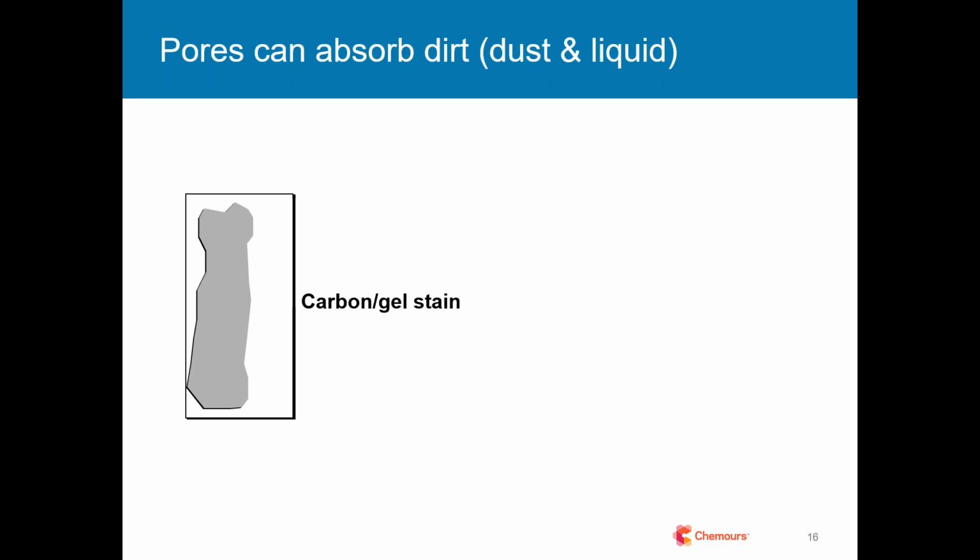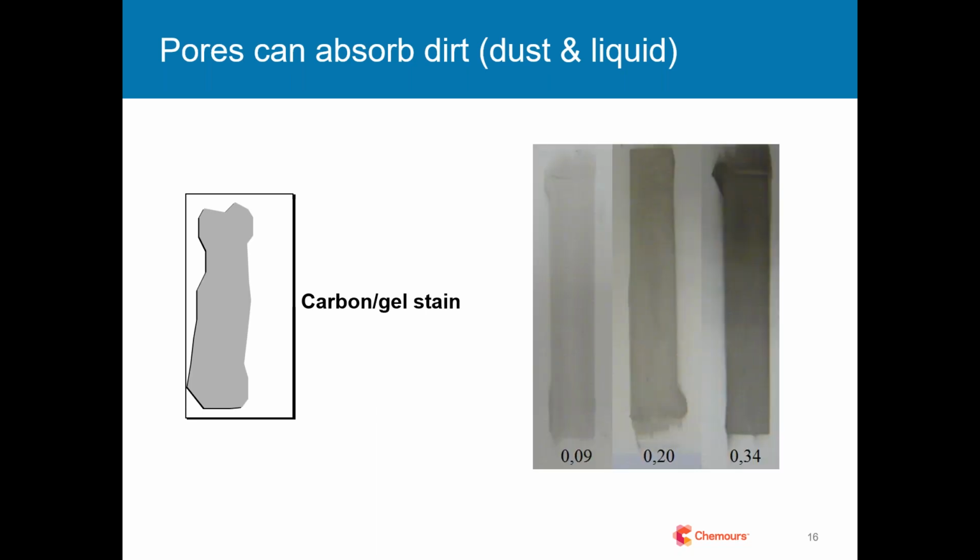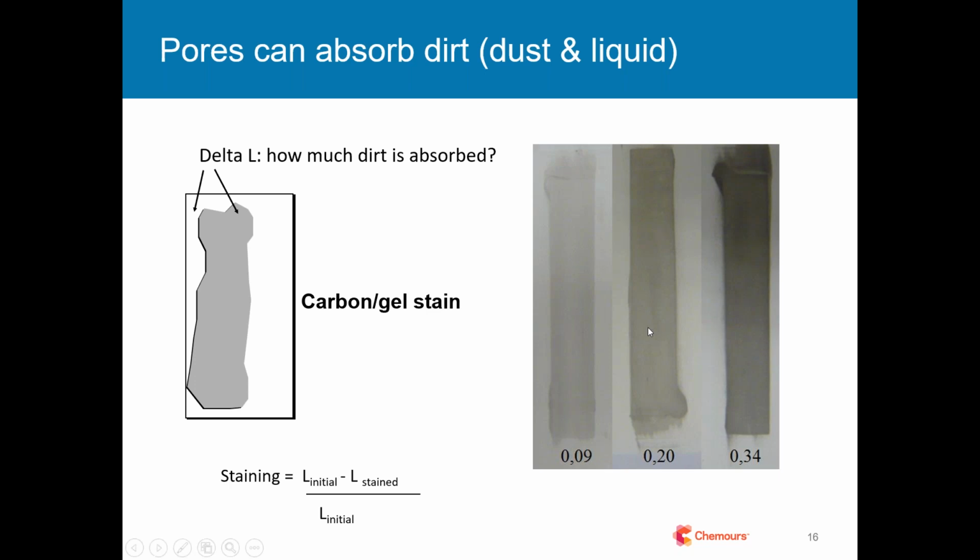Then we wash off the excess stain, and we measure how much stain was left, which we express by measuring the color difference between the stained and the unstained area. There's a formula expressing the staining resistance. It results in a number, and it's a very severe test. So it looks maybe ugly here, but the score of 0.09 is actually very good, while here the 0.34, that's a very high PVC paint. A lot of pores, that's not good. So that's the effect of PVC.